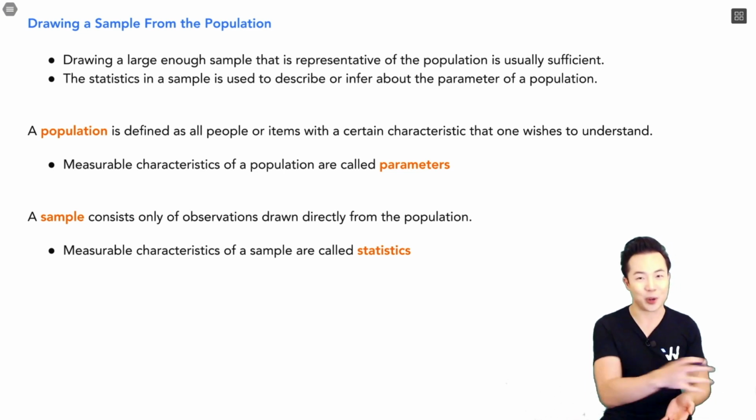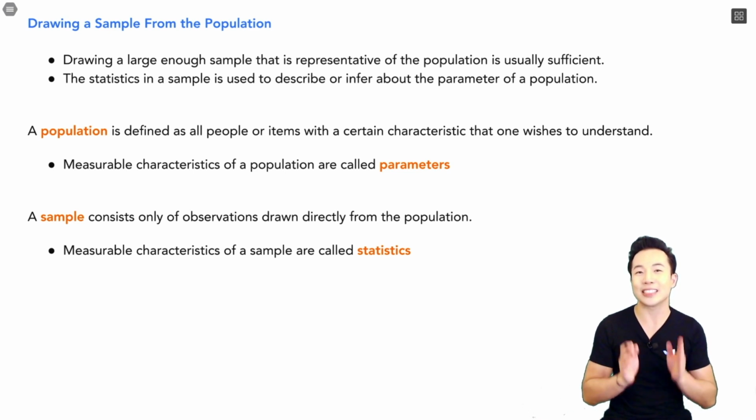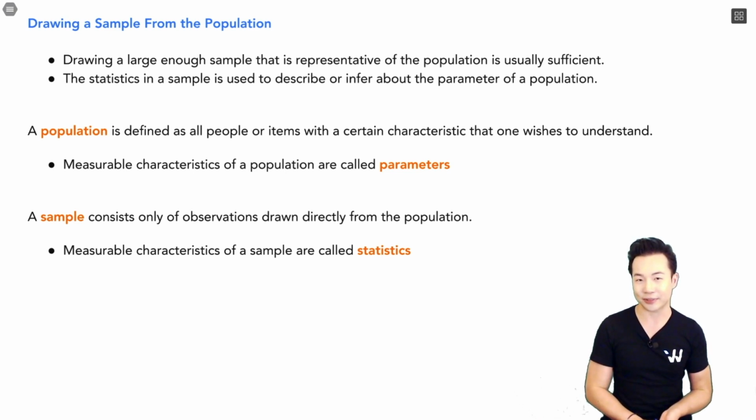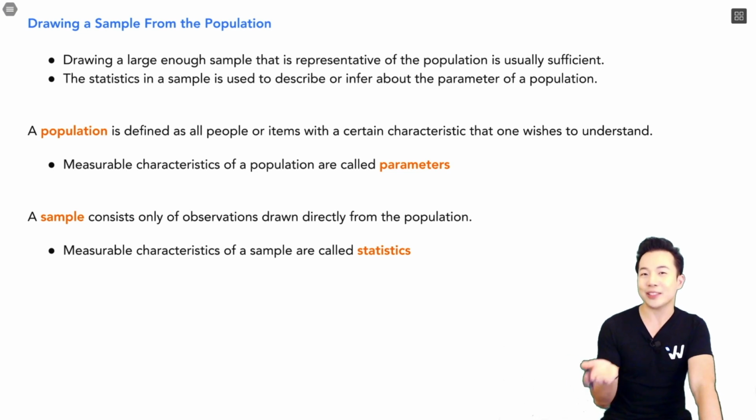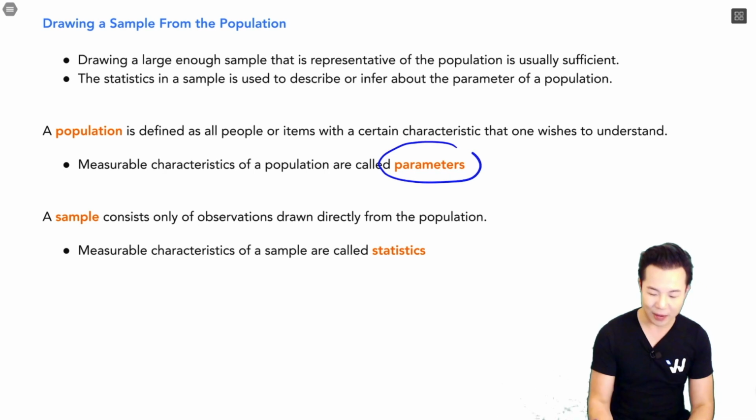And the sample, as you know, we draw from that population of interest. So the sample consists of only observations or subjects drawn directly from that population. And the information in the sample is called the statistics. Since we're not surveying every single person in the population, we don't know the value of the parameter.